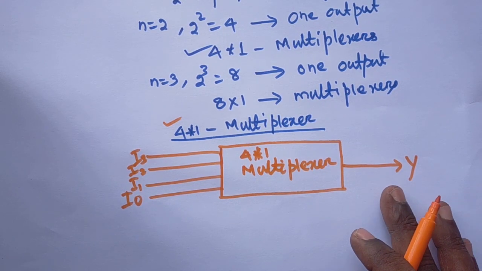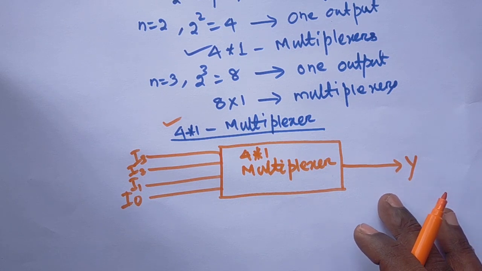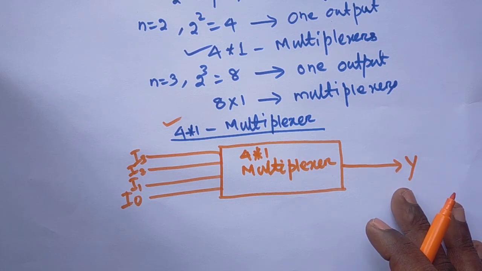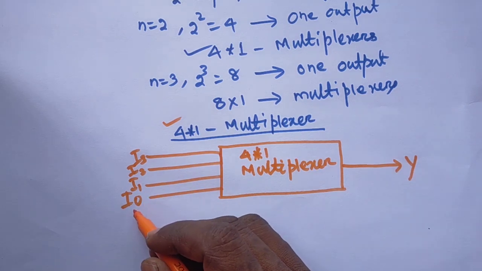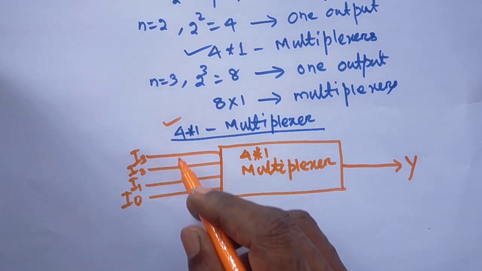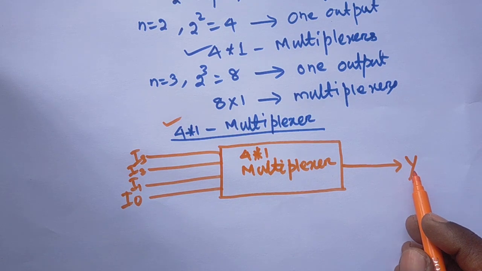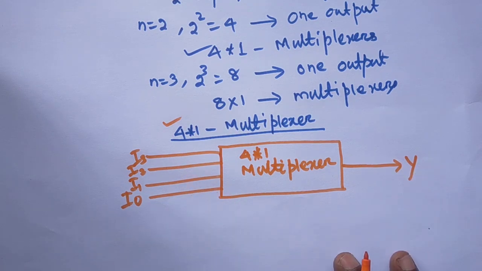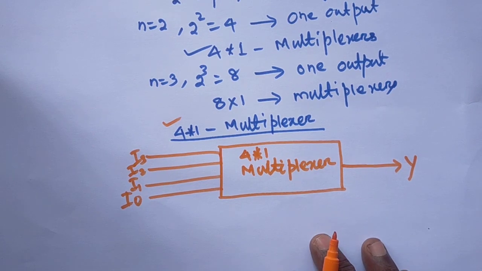And whenever we consider one output, that is y, how will this output be obtained? It will receive either I0, I1, I2 or I3, whichever data it receives, by which y can be considered as a particular value, which depends on these 4 inputs.